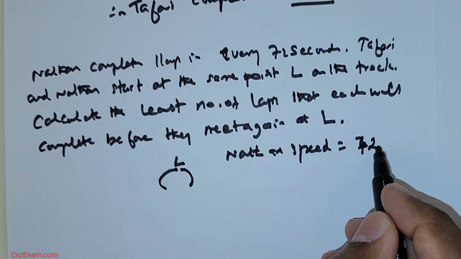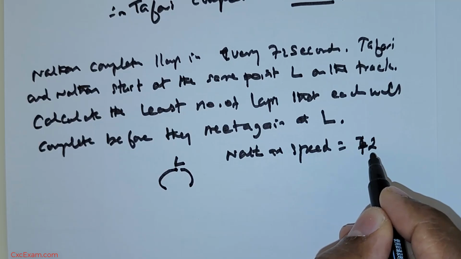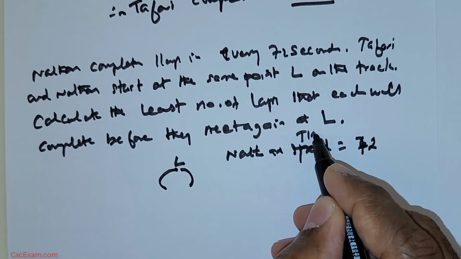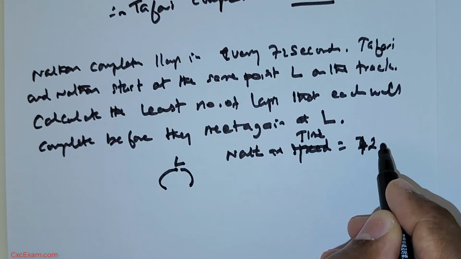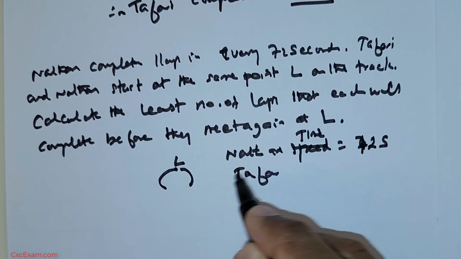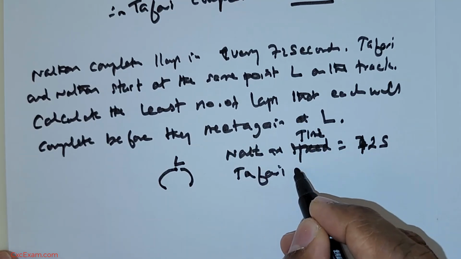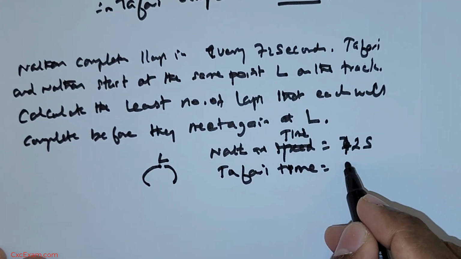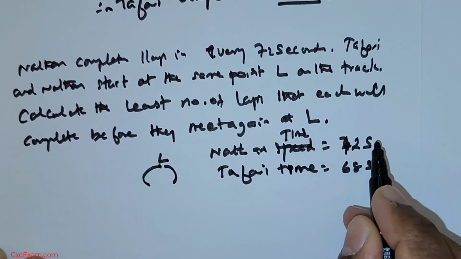So I cannot use the word speed here, I can only use the word time. So Nathan's time is 72 seconds, and we are also given Tafari's time from the previous question. Lap clocking time is 68 seconds.